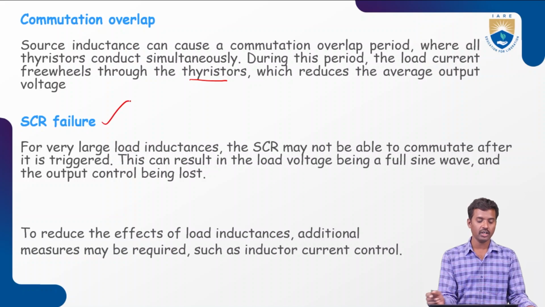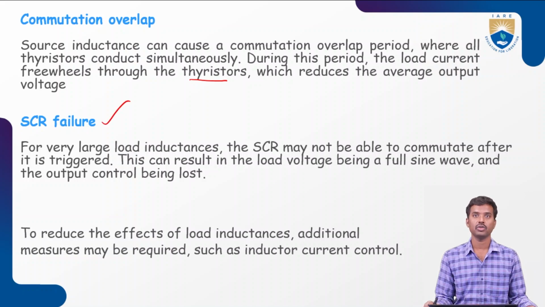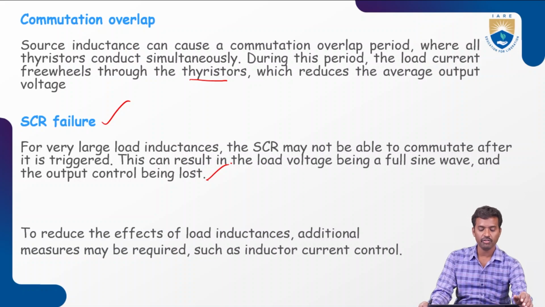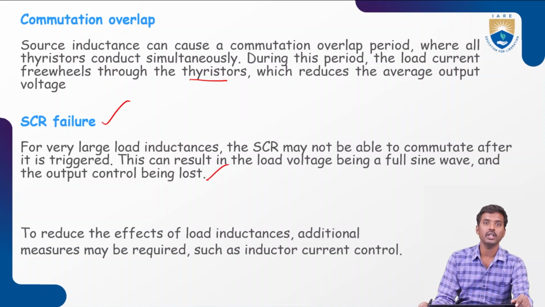Next, SCR failure: for very large load inductance, the SCR may not be able to commutate after it is triggered, so it may fail to turn off. This results in the load voltage being a full sine wave, and output control is lost. To reduce these effects of load inductance, additional measures such as the inductor control method may be required.